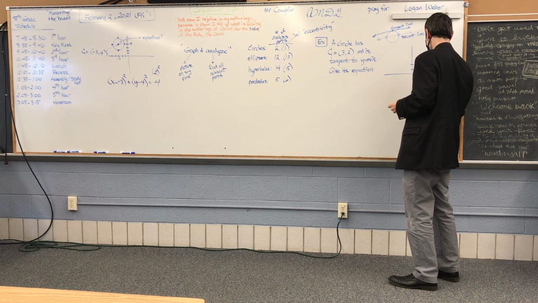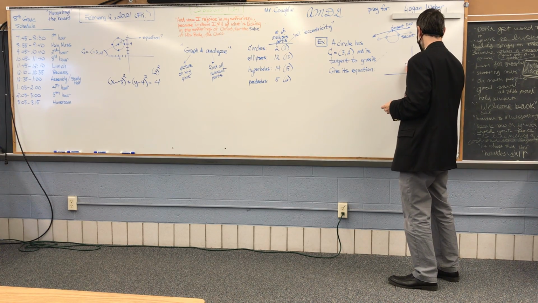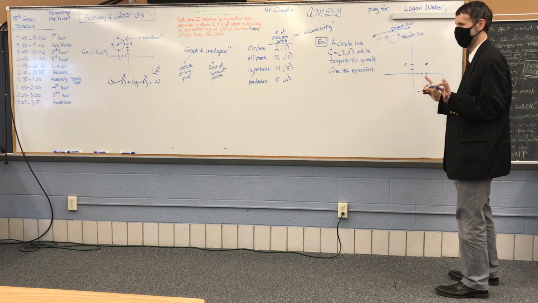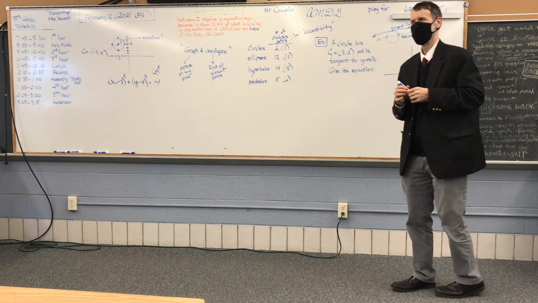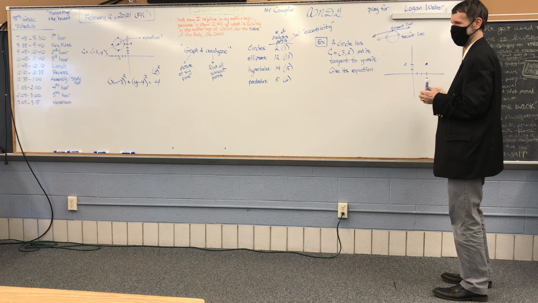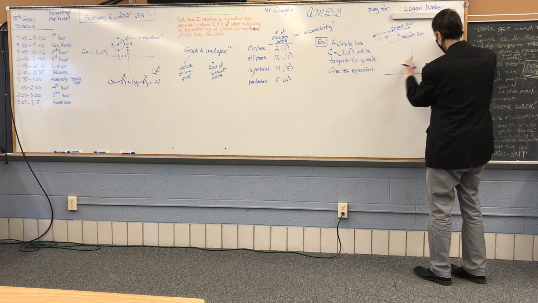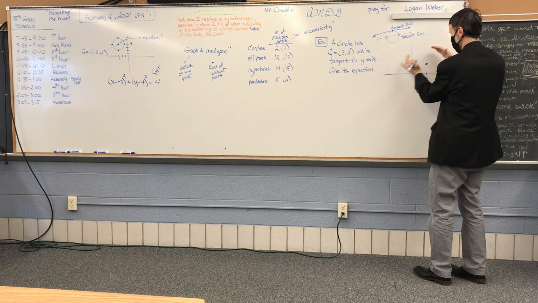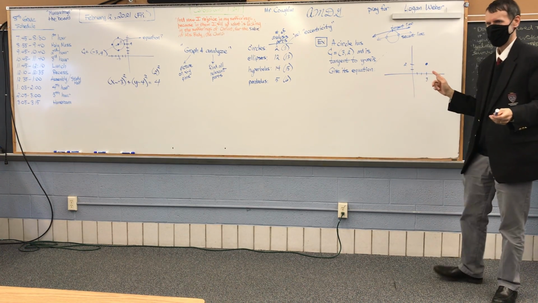Okay, good. 3, 2. And they say this is tangent to the y-axis. What does that mean? First of all, the circle is centered here. So I don't know how big it is. It might be a teeny weeny circle, it might be a huge circle, but it's centered around here.